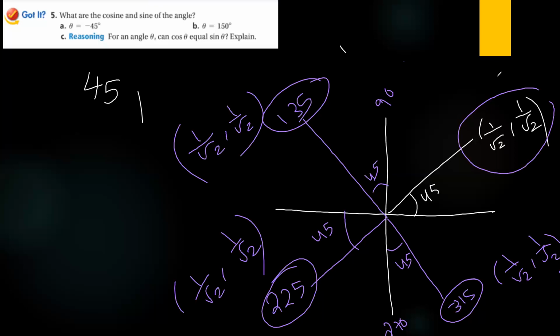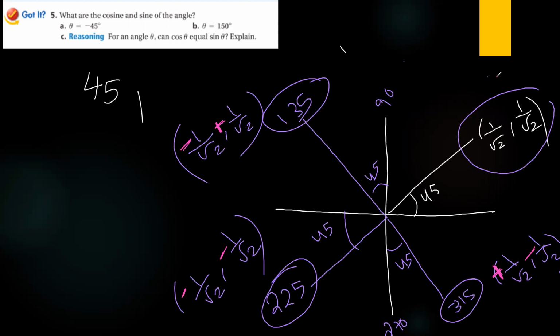But for the second quadrant, only the sine is positive. So this is positive and this is negative. In quadrant 4, only the cosine is positive. And in quadrant 3, both of them are negative. So it's quadrant 3 and 1.